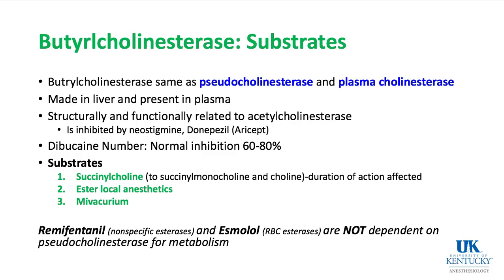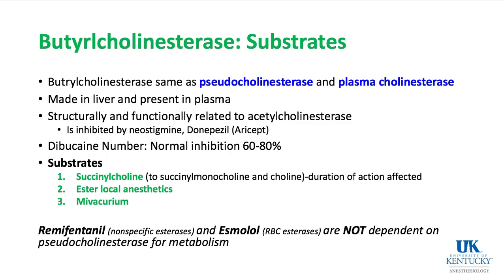It is structurally and functionally quite a lot like acetylcholinesterase, such that neostigmine actually inhibits pseudocholinesterase, as does donepezil, the drug used for Alzheimer's dementia, also known as Aricept. Neostigmine and donepezil are used to inhibit acetylcholinesterase, but they also cross over and inhibit pseudocholinesterase.